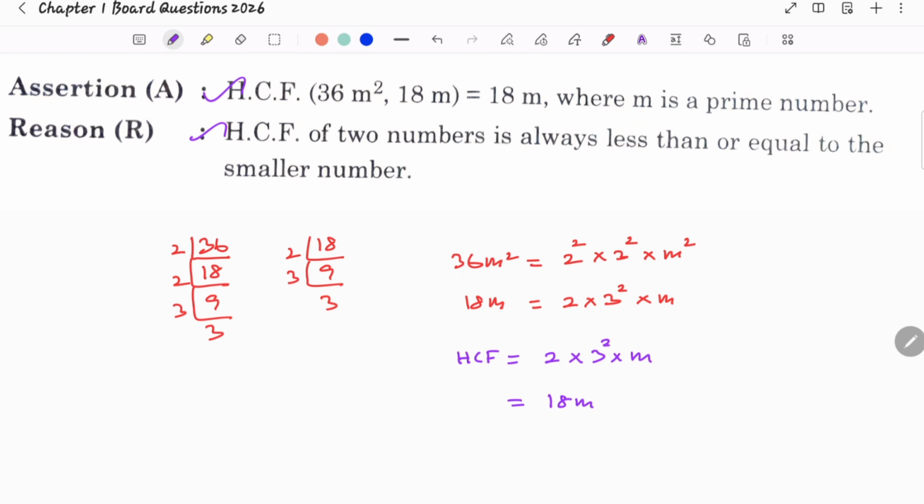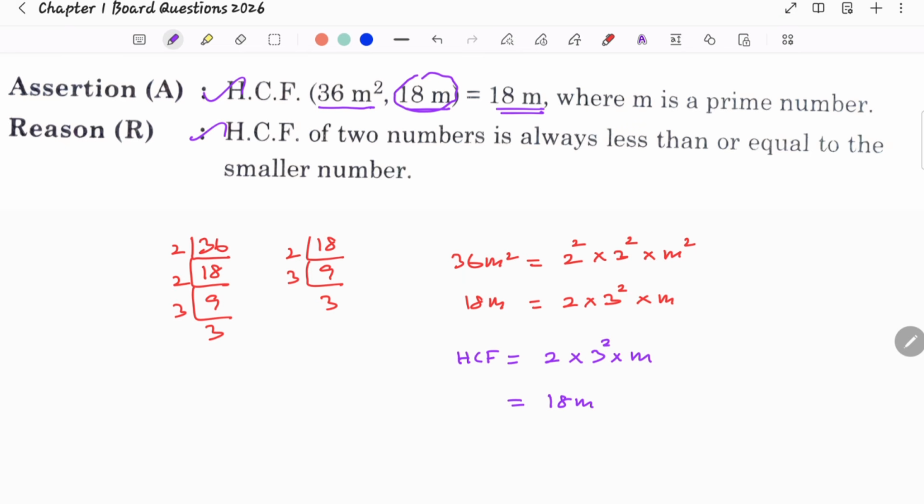Now verify the relationship between these two: the reason statement is correct explanation for assertion or not. Listen. The two numbers are 36m square and 18m, in which the smaller number is 18m. We found the HCF also. HCF is also 18m.